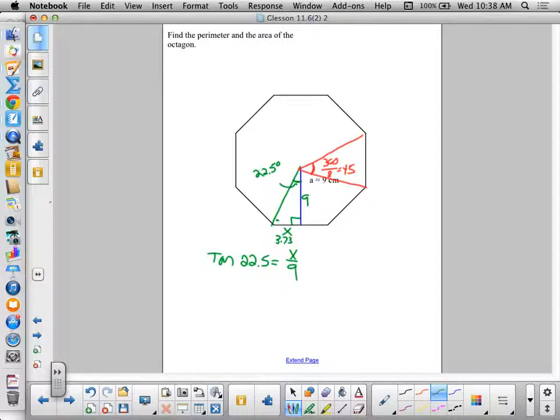And I double that to get the length of a whole side, because that's only half. So 7.46, I multiply it by 8, because I need the perimeter, which is 59.68.